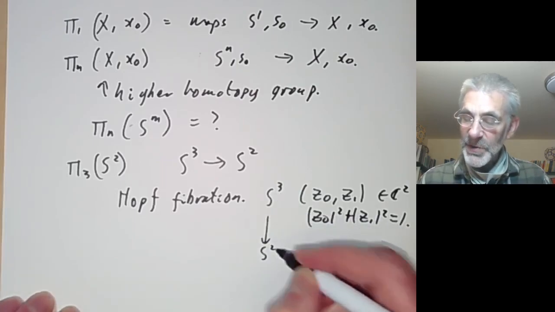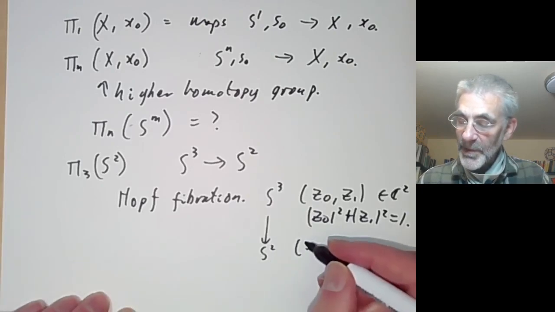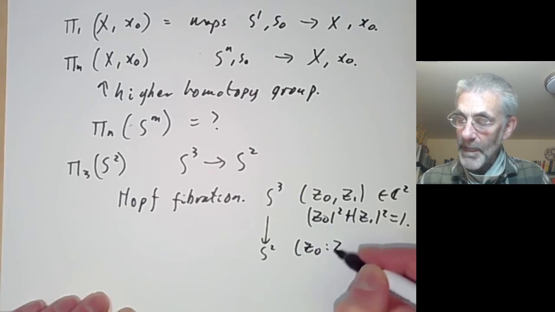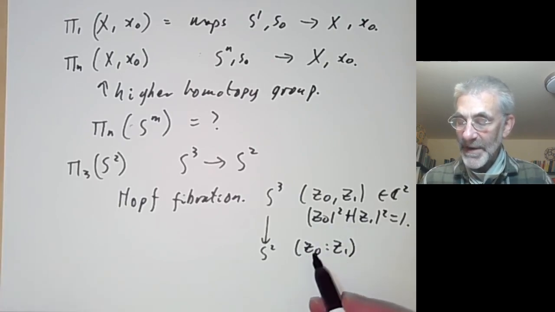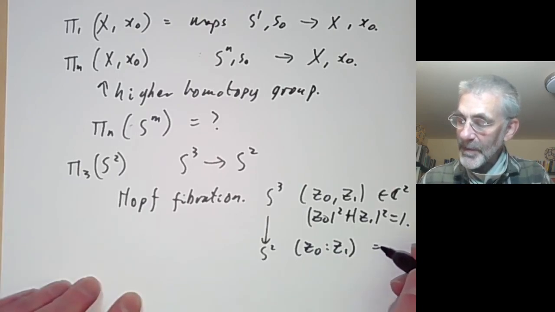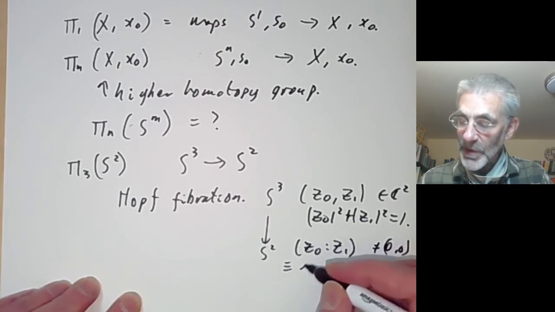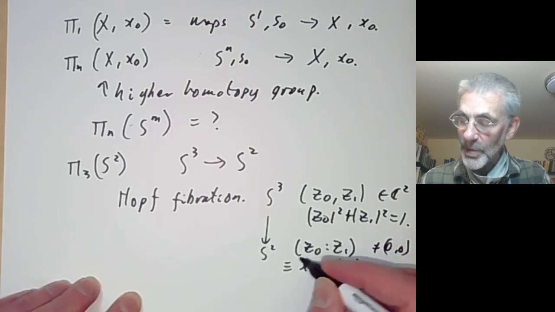So how do I map this to a two-dimensional sphere? Well, a two-dimensional sphere can be considered as the points of projective space. These are pairs of points z0, z1, not equal to 0, 0, where we think of this as being equivalent to the point lambda z0, lambda z1, with lambda a complex number.